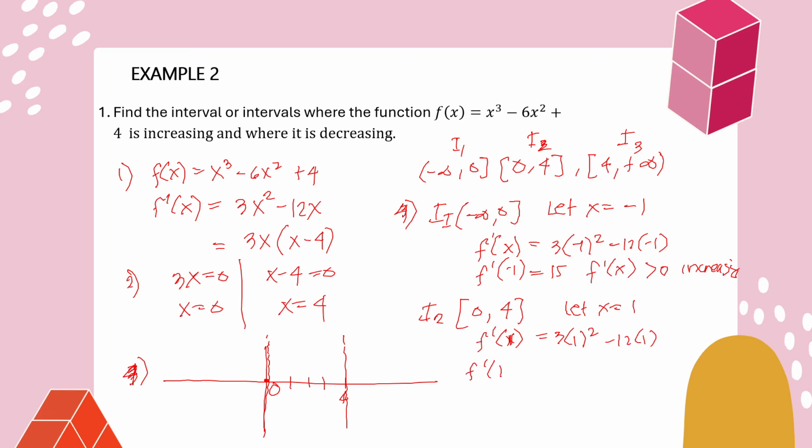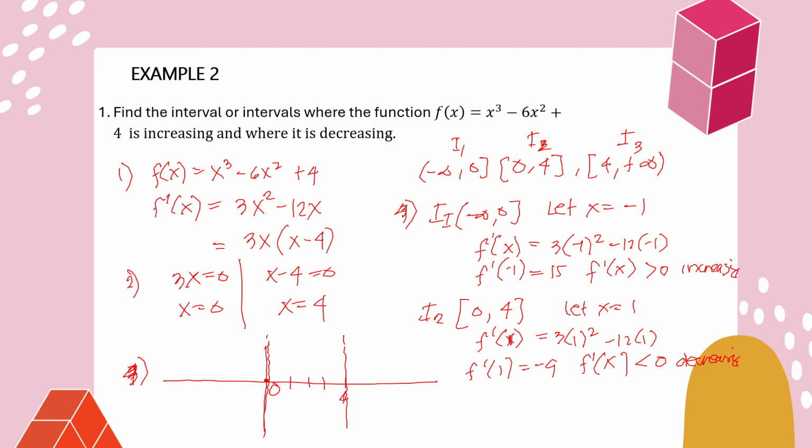When we substitute x is equal to 1, the resulting value is negative 9. So we could conclude that f prime of x is less than 0. Therefore, this is decreasing in this particular interval.